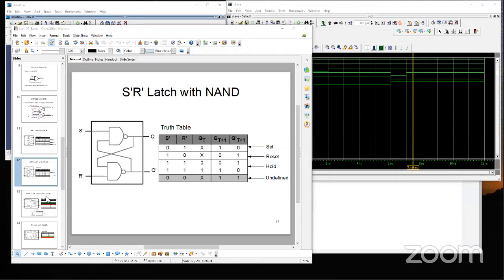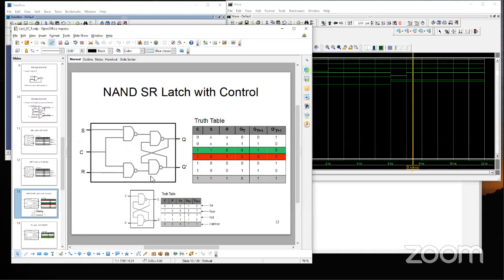So we introduce a control C, and here we took away the bars, so the inputs become S and R. That indicates that my set operation will be on S equal to 1, and reset operation will be on R equal to 1 and S equal to 0. Why? Because we introduce another set of NAND gates, and they control the flow of S and R into the inner S bar R bar latch.